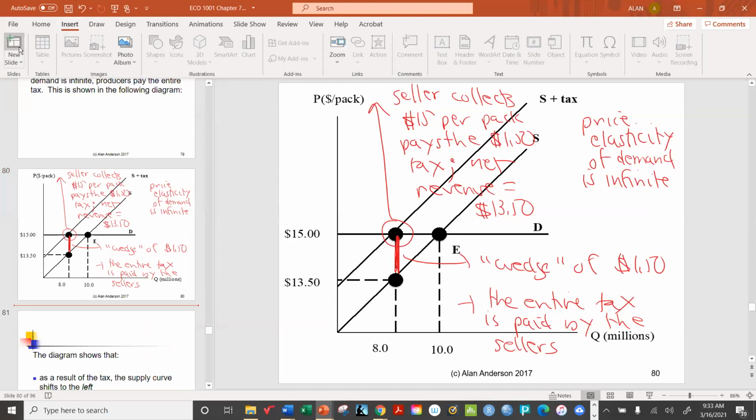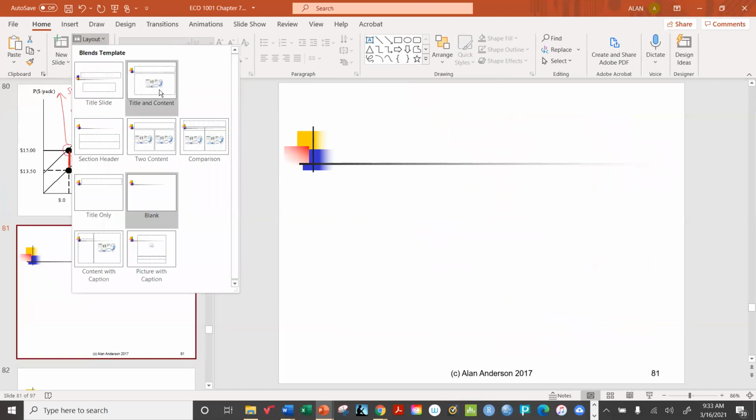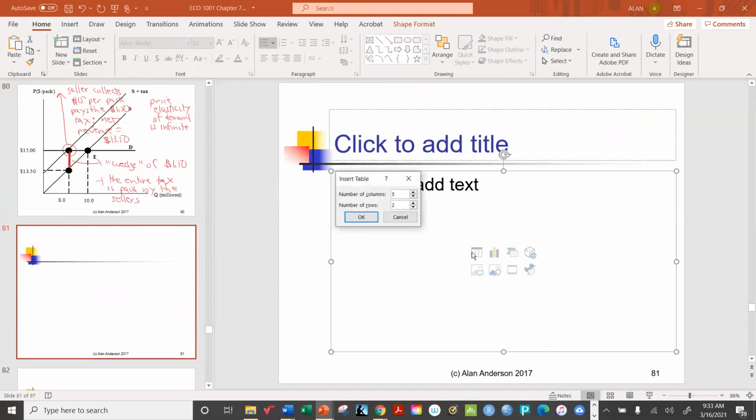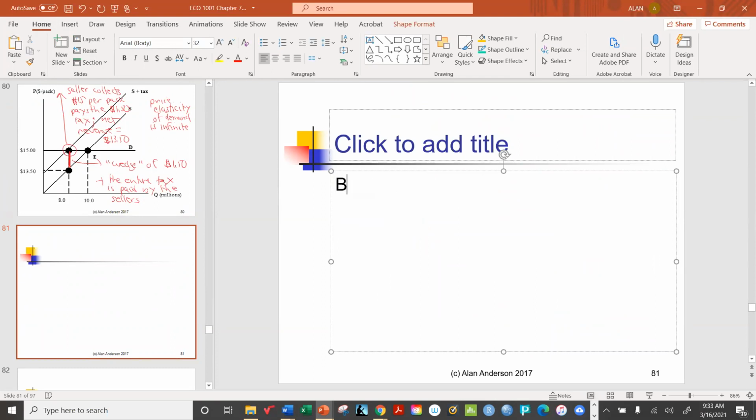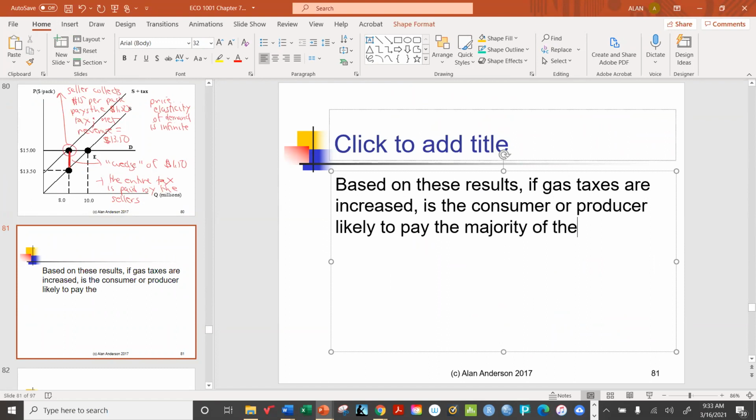Okay. So what this means then, let's think about this with a real world example. And this goes back to what we were looking at on the internet. So based on these results, if gas prices rise, or if gas taxes are increased, is the consumer or producer likely to pay the majority of the tax?